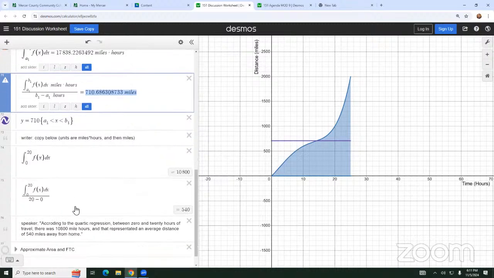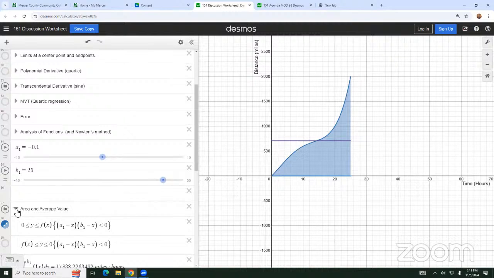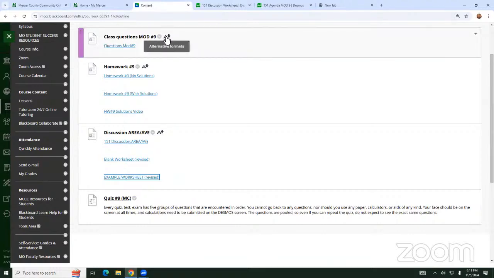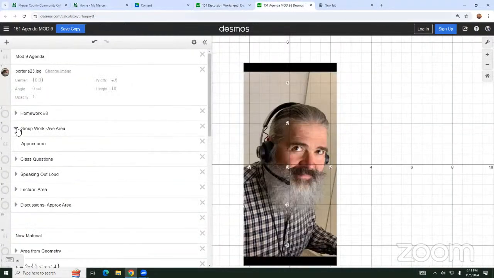Any questions on this? Average value, area, average value, area. Take a look at it. For this time I had the easy one, which is just the average value.